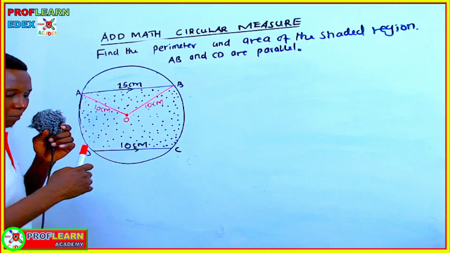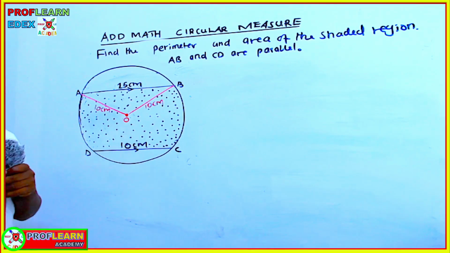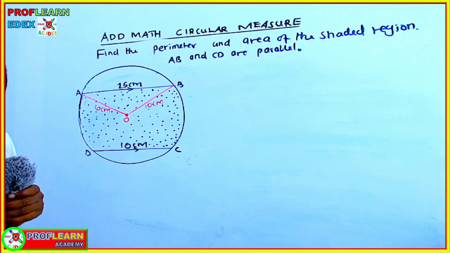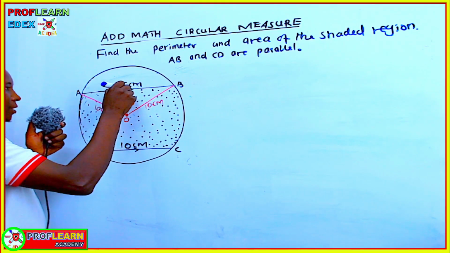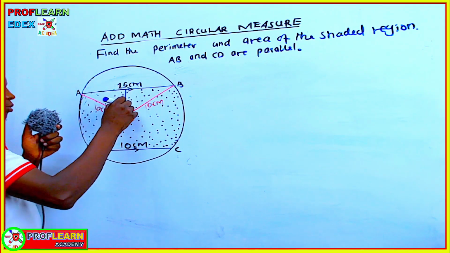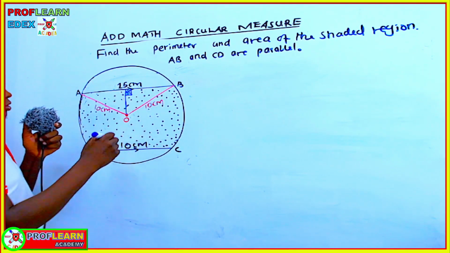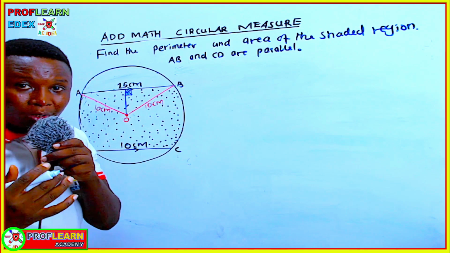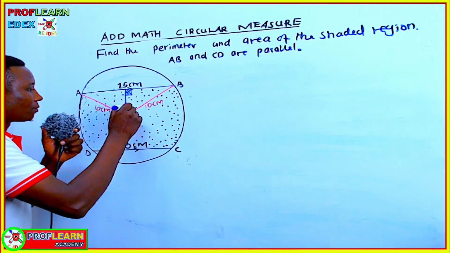If we drop a perpendicular from this point, we are going to have 90 degrees at this point, so that this is going to enable us to work out the size of this angle.